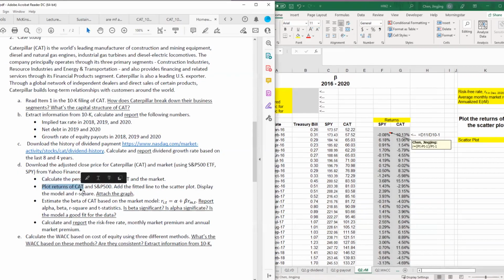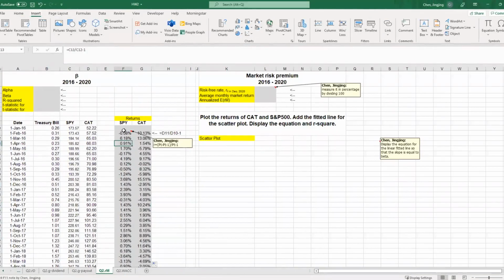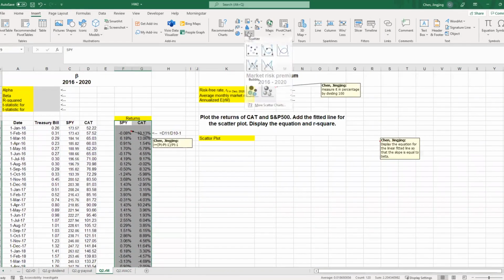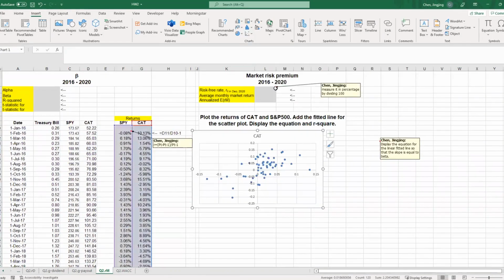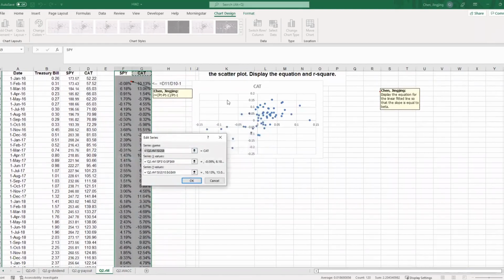Okay, then I can plot the return of CAT and also S&P 500. Go to insert, scatter plot. I want to make sure X is X and Y is Y. Now to check that, select data, edit.